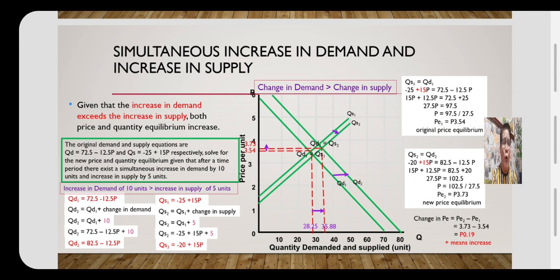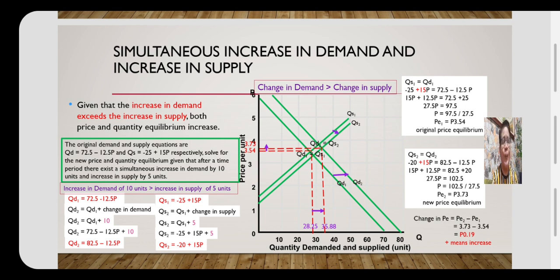So the force of demand is greater than the force of supply. So the resultant is that price equilibrium will be influenced more by the change in demand rather than being influenced by the change in supply.